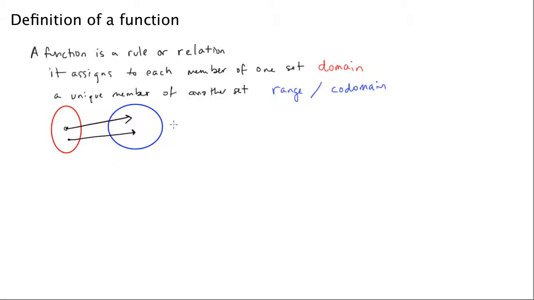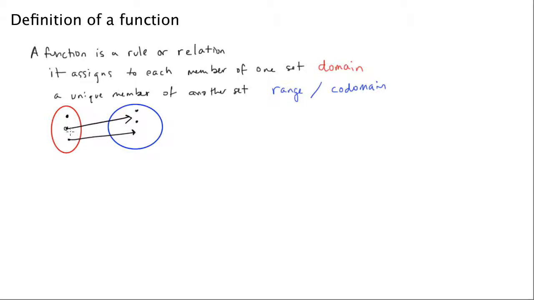Now, these don't have to be numbers. They can be anything you want. The one restriction, though, as to what makes this a function is that we never have one thing being assigned to two different things in the range.